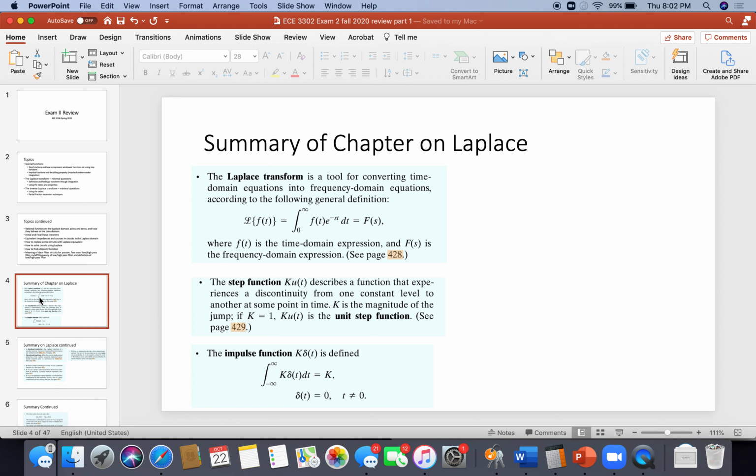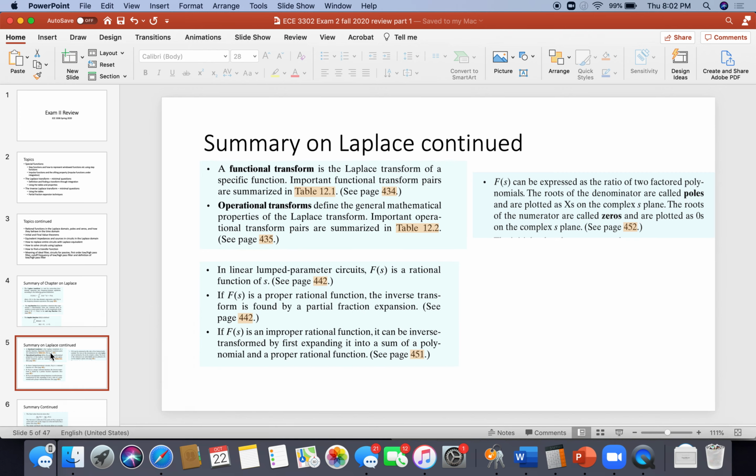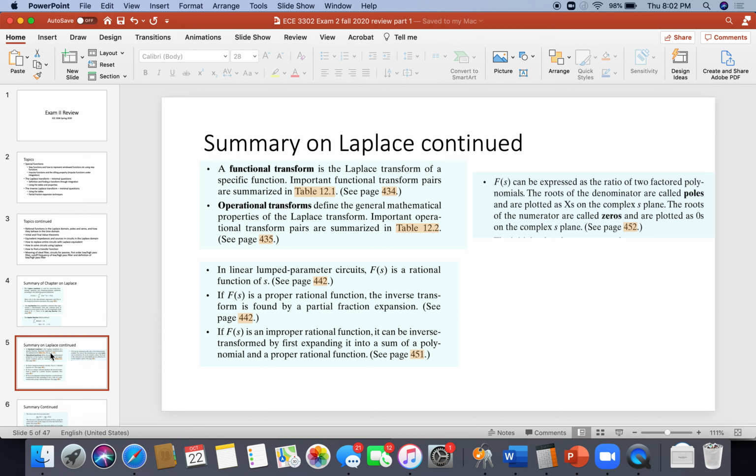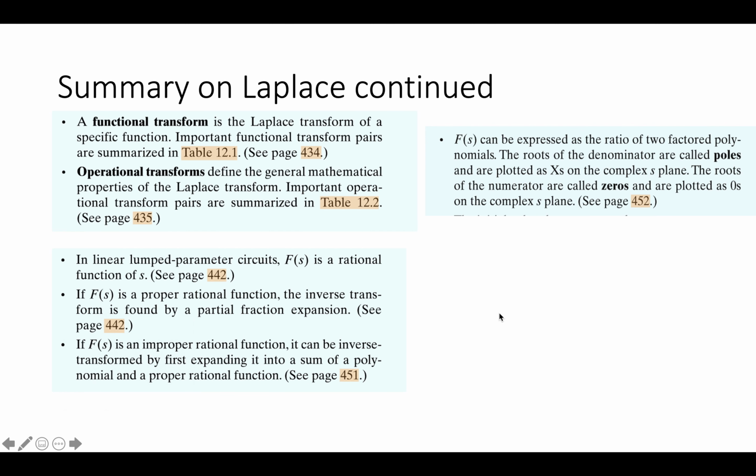This is a nice summary on the Laplace transform, definition of the Laplace transform, definition of the step function, definition of the impulse function. A functional transform is defined in your textbook as the transform of a specific function. An operational transform defines a mathematical property of a Laplace transform, and this information gives you the tables in which you can find those. In lumped parameter circuits, F of s is always a rational function of s.